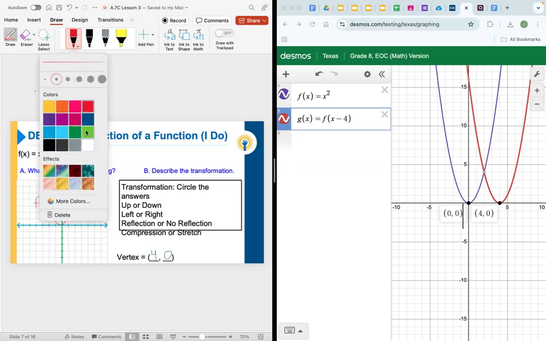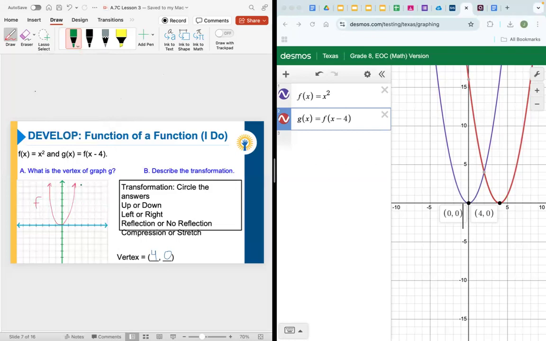Then my new function, I'll do in green today, is right here. I didn't mean to draw that skinnier on purpose. This is going to be G, and we'll notate that here at G our vertex is at 4, 0.